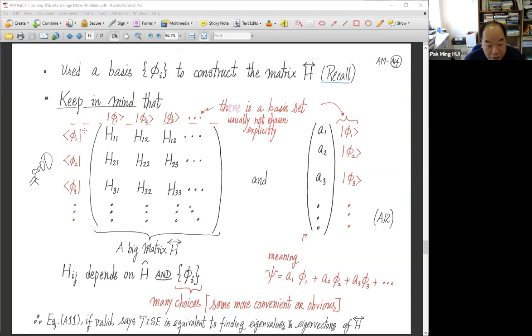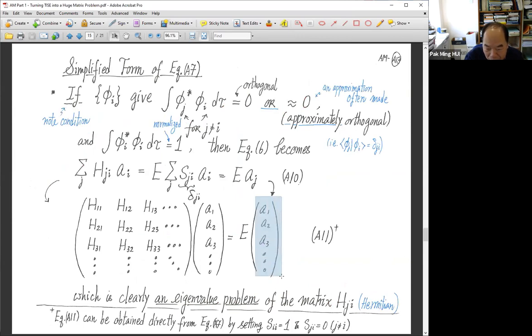Now, when you see this, actually it's good to keep in mind that there is a basis set hidden here. When we say H23, there is a 2 from the basis function, there's a 3 from the basis set that give rise to this integral, okay? Again, when you see this column, sometimes you get confused. What does it mean?